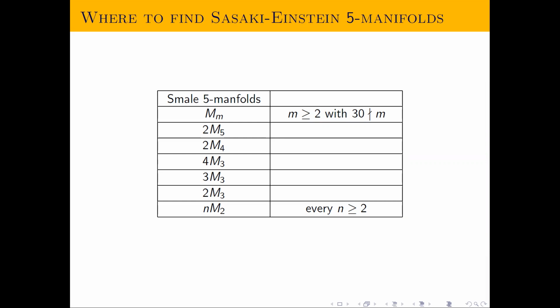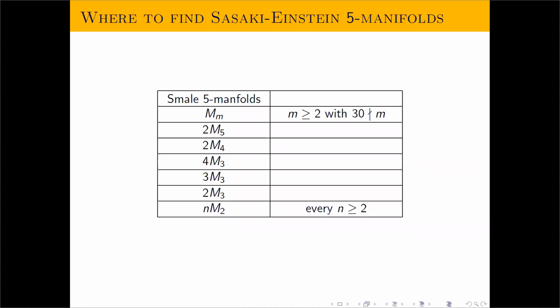So here I listed, on the second page and next page, the possible candidates which can allow this Sasaki-Einstein metric. The first page is for the case when the homology group has no free part, called the rational homology spheres case.